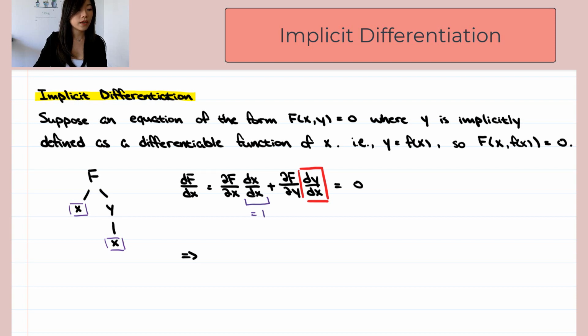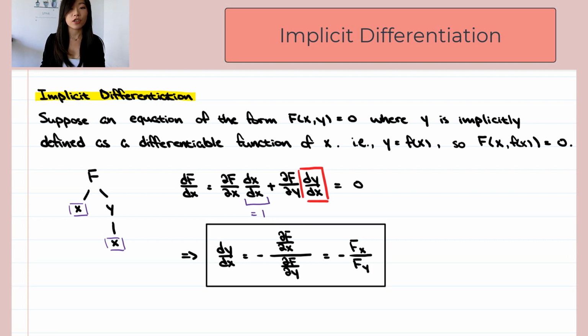So dy over dx equals negative of the partial derivative of f with respect to x over the partial derivative of f with respect to y. Or we can abbreviate that as negative of f sub x over f sub y. And now we get an equation for the derivative of y with respect to x.